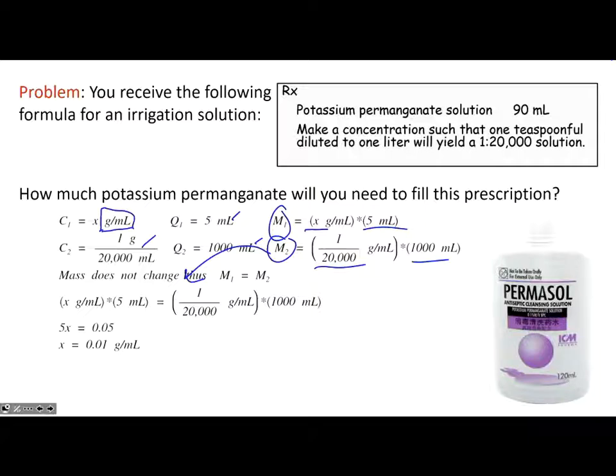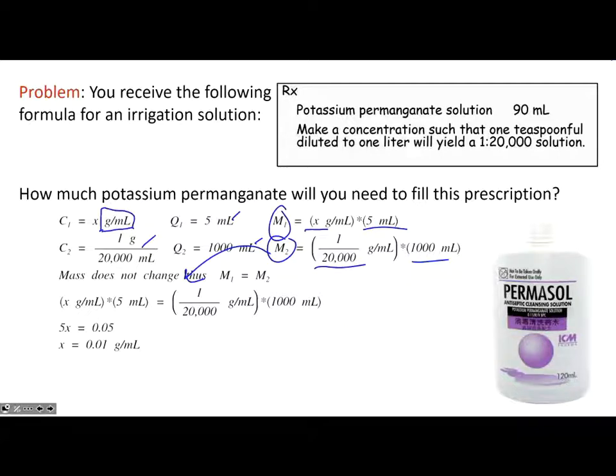We use calculators, so big numbers don't scare us. On the left, 5 times X is 5X. What is 1,000 divided by 20,000? 0.05. So 5X equals 0.05. Divide each side by 5, and X equals 0.01. What are the units, though?